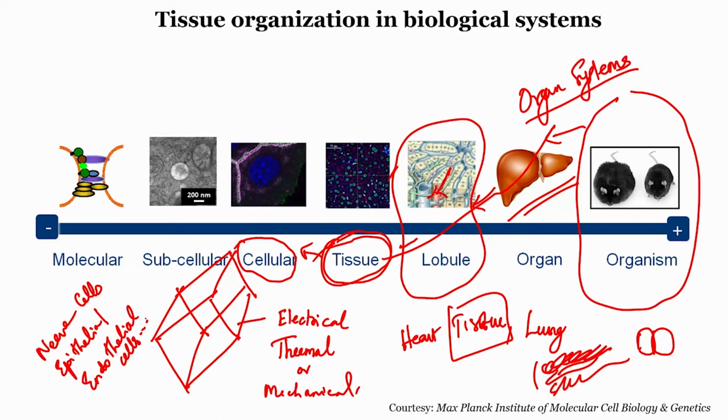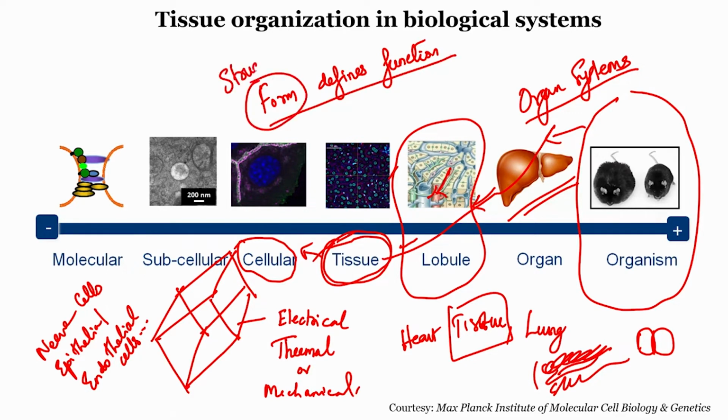And the shape of the cell defines its function. So form defines function is an important concept in biology. Form or the structure dictates the function actually. Form defines function, keep it in mind. Okay.